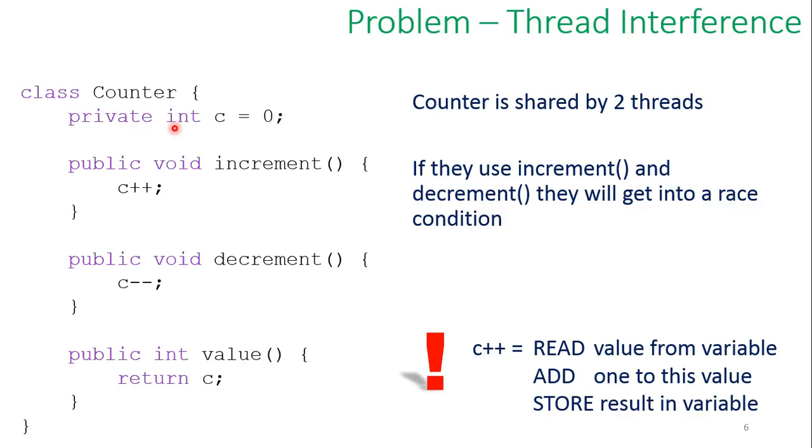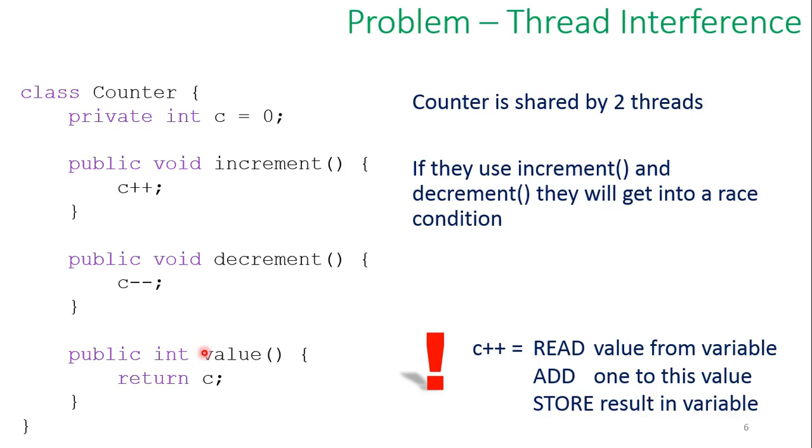It encapsulates a private field c of type int, initialized to 0. The premise is that objects of the class Counter are going to be shared among multiple threads. In the simplest scenario, we instantiate one object of the class Counter, and it's shared by two threads.